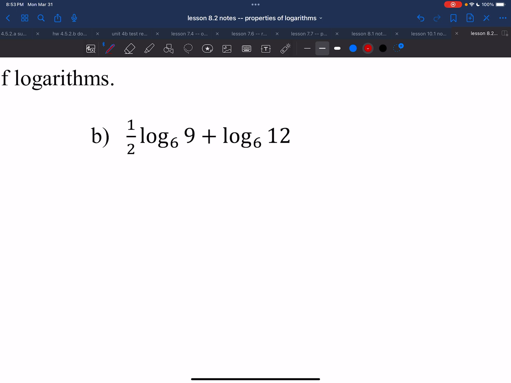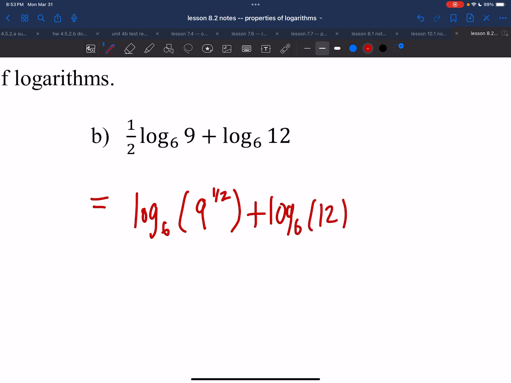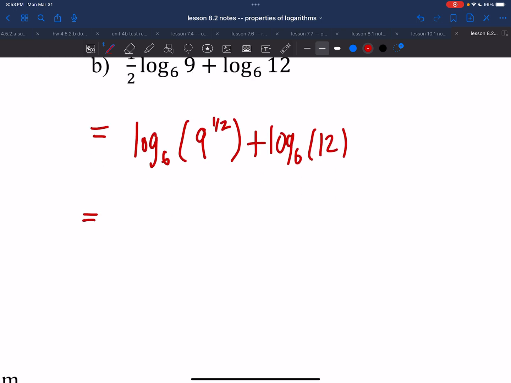Okay, one more example. What's unique about this one is the 1/2. So power rule would suggest that I can put that half as the exponent on 9, like so. Well, here's the thing. We've learned that a fractional power means a rational expression. And in fact, a power of a half means square root of 9.